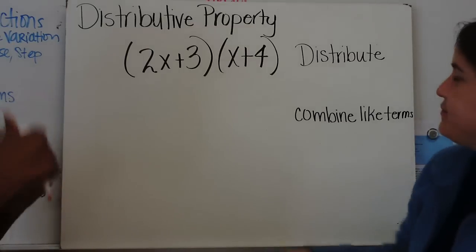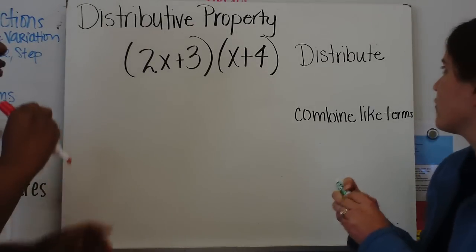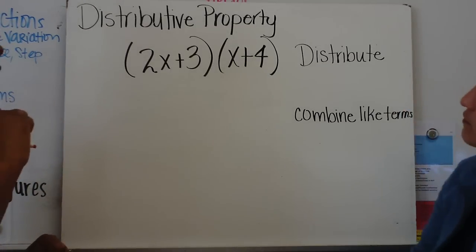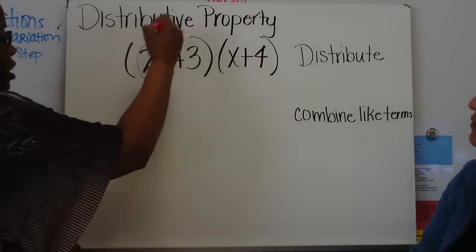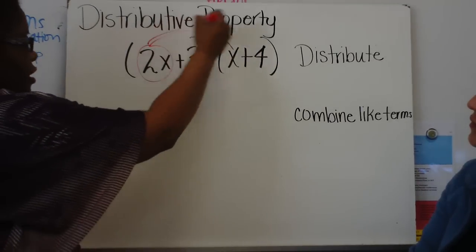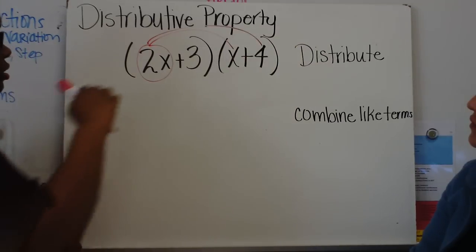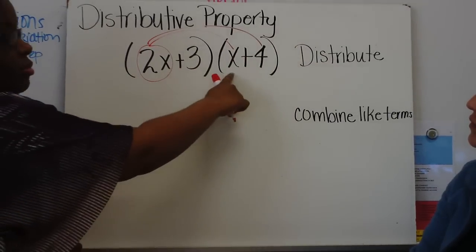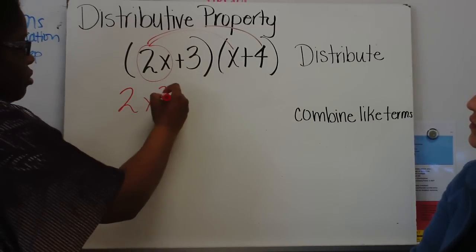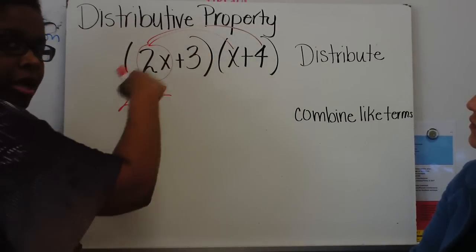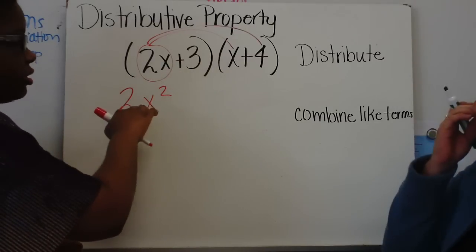So the first method, same problem that was written on the previous slide, is the distributive property. The first thing you do is distribute. You take this term here and multiply it by everything in the second parentheses. So 2x times x is going to be 2x squared. Remember, when we multiply, we add our exponents.